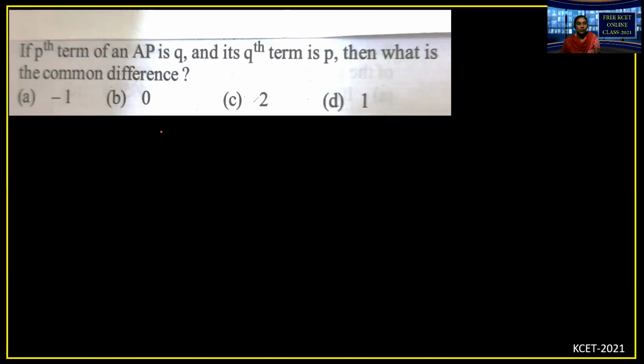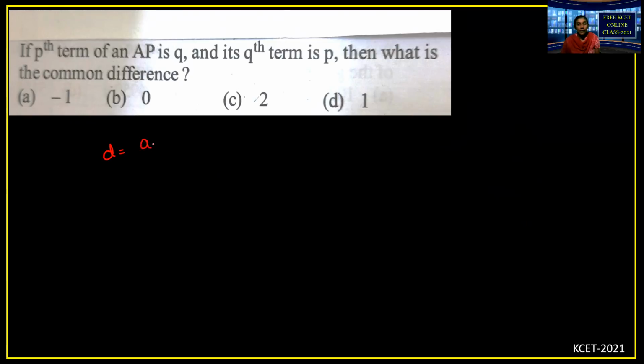Next question is, if the pth term of an AP is Q and the qth term of the same AP is P, then what is the common difference? We know the concept from 10th itself.